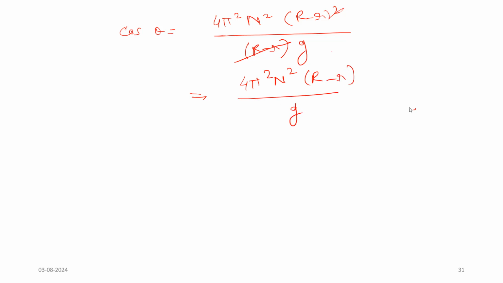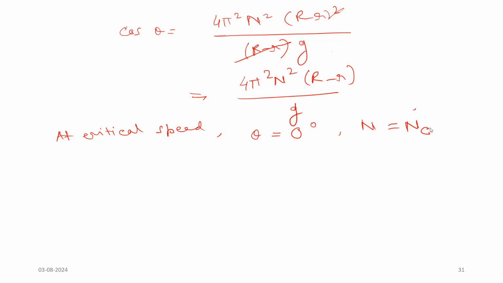Okay, so now at critical speed, we always consider that theta will be 0 degrees. And n will be represented as nc, because n is nothing but the rotational speed.